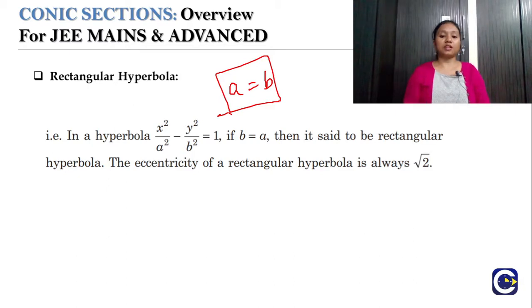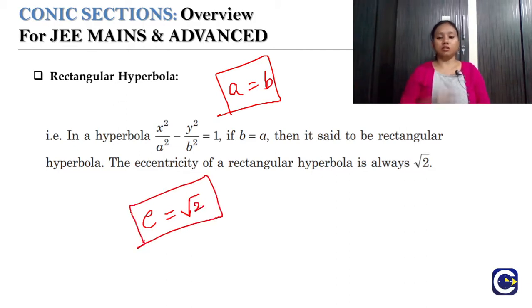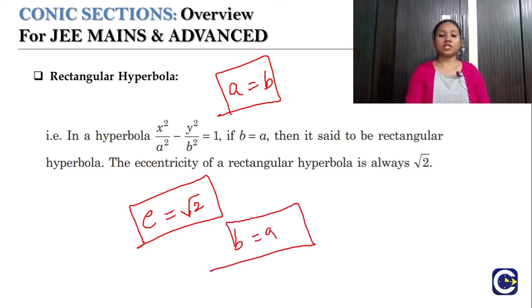And the eccentricity of any rectangular hyperbola will always be constant, and that value is always equal to root 2. So you have to keep in mind that the eccentricity of a rectangular hyperbola is always root 2, and any hyperbola with b equal to a is said to be a rectangular hyperbola.